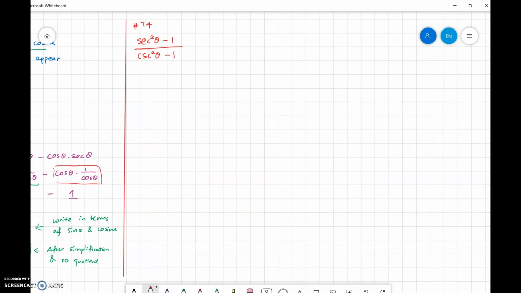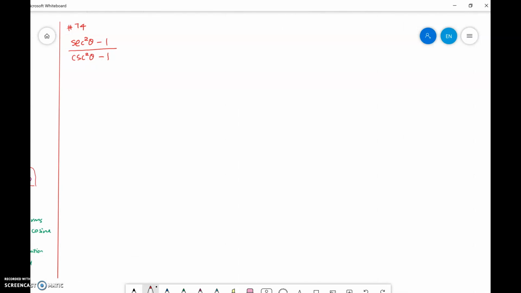Okay, so I'm going to write a really quick note on the side. So we can rewrite the secant squared minus 1 in terms of tangent squared theta, and then cosecant squared minus 1 in terms of cotangent squared theta. Okay.